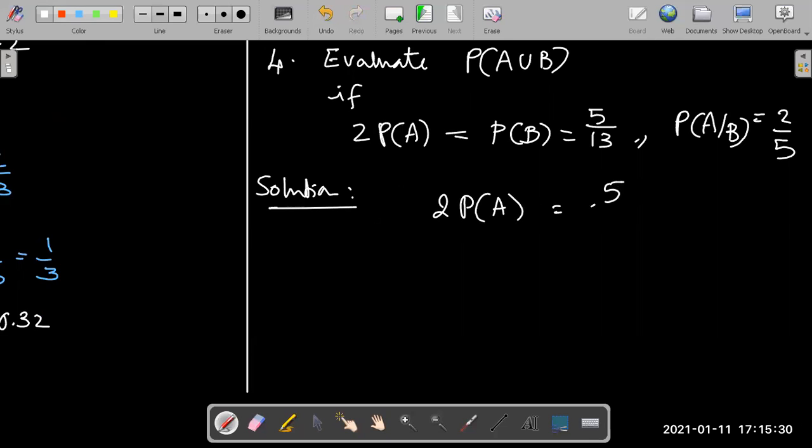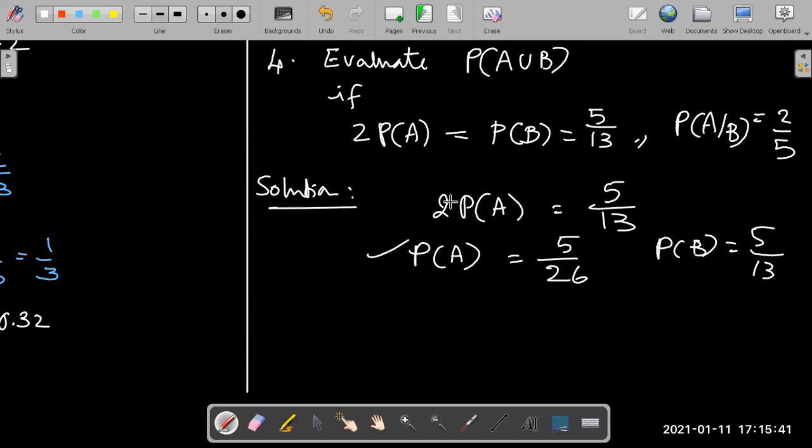So this is the first step you are saying, right? Therefore, probability of A equals 5 by 26, and probability of B equals 5 by 13. So I have written that for you. You are equating this to this: 2P(A) is 5 by 13, so P(A) will be, this 2 will come down, 5 by 26.